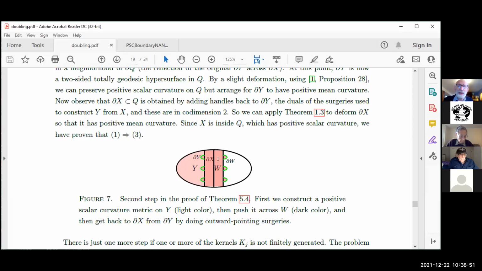But the point is, we have the metric that's of the right type, and now we can put positive mean curvature on this boundary over here by deforming a little bit using the Bär-Hanke trick.